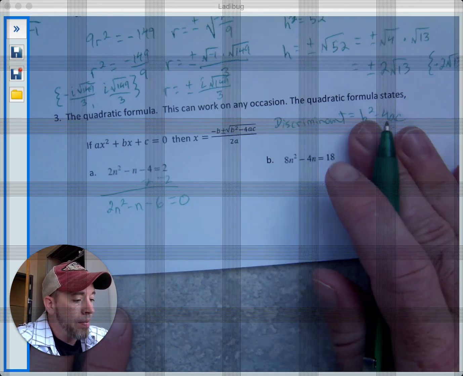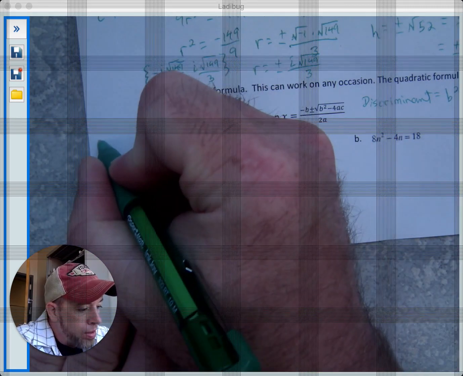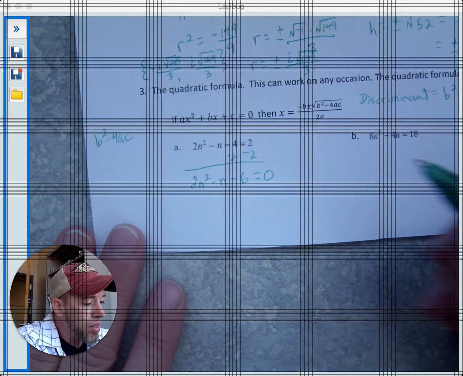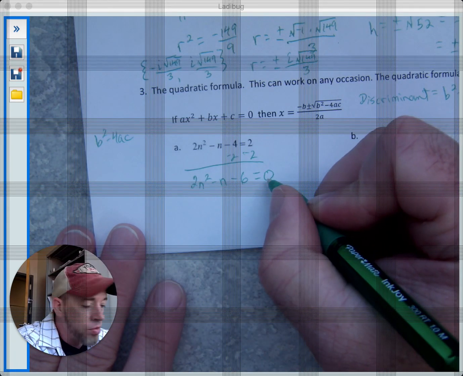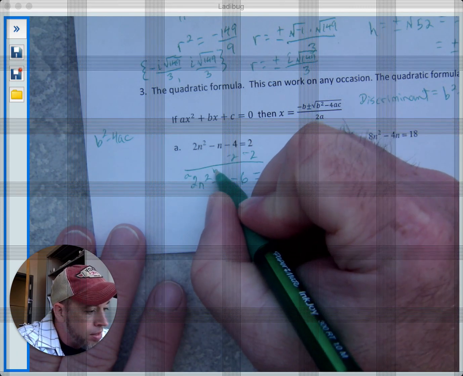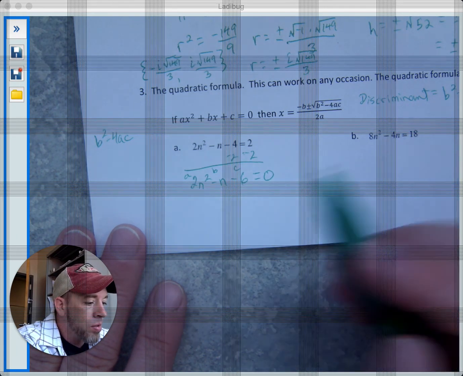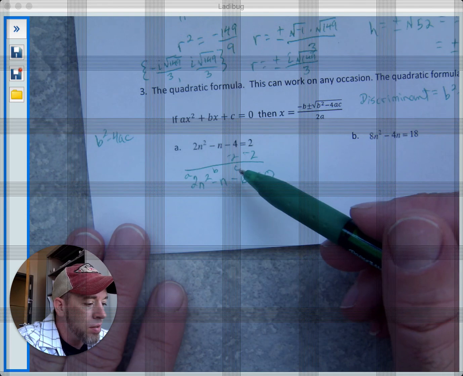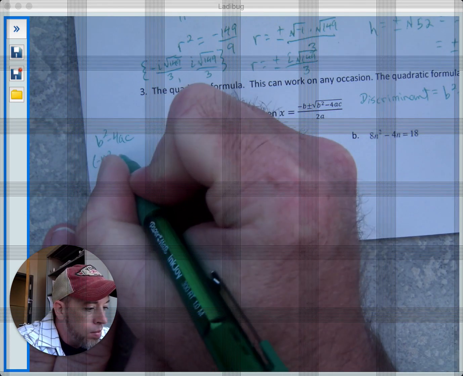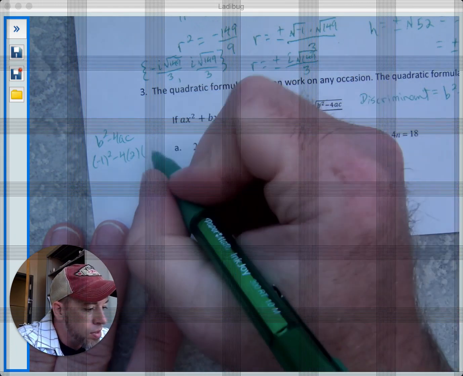So maybe in the margin over here we'll do that. So b squared minus 4ac. I like to identify a, b, and c. Once I have the quadratic equation in standard form, this a is 2, the b is negative 1, right, and c is negative 6. And so b squared minus 4ac, we would have negative 1 squared minus 4 times a is 2 times c is negative 6.